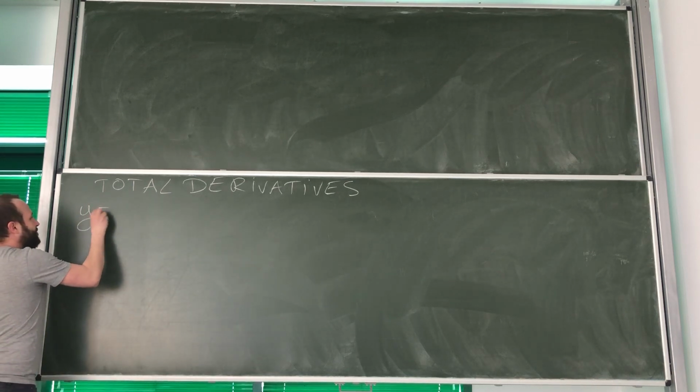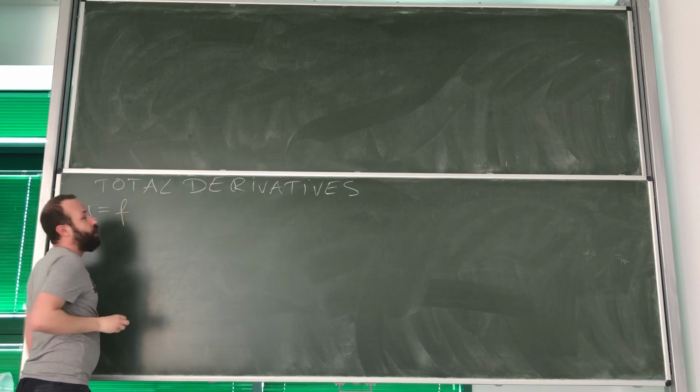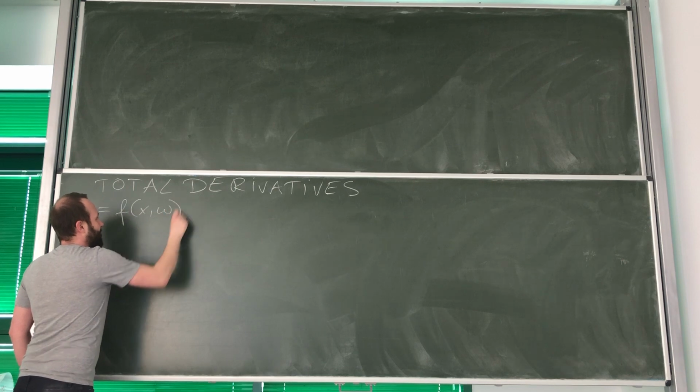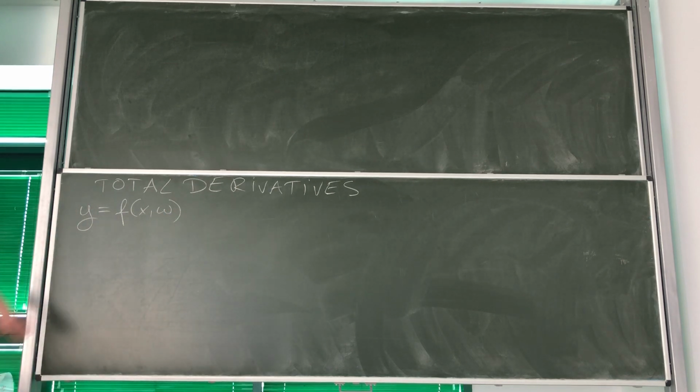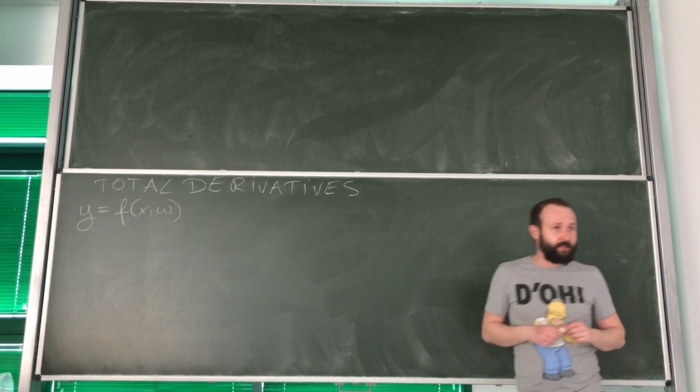Y is some function of two variables, x and w. We already know how to calculate the total differential of this function, and we also know how to find all the partial derivatives.